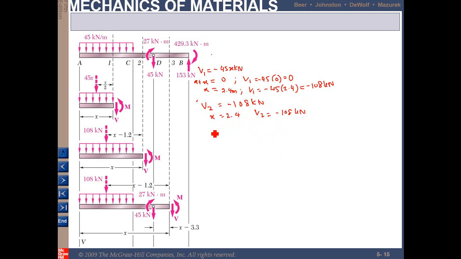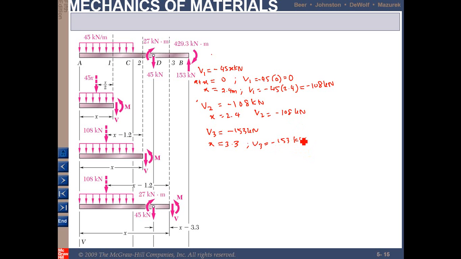And then from D to B, V3 is equal to minus 153 kilonewton. So at x equal to 3.3, V3 is minus 153 kilonewton.